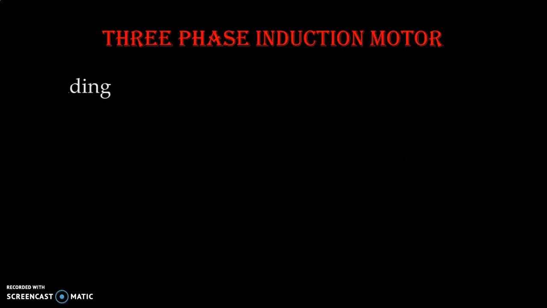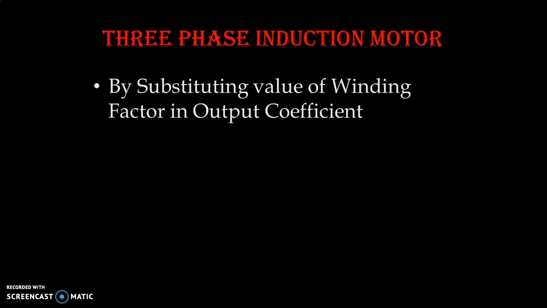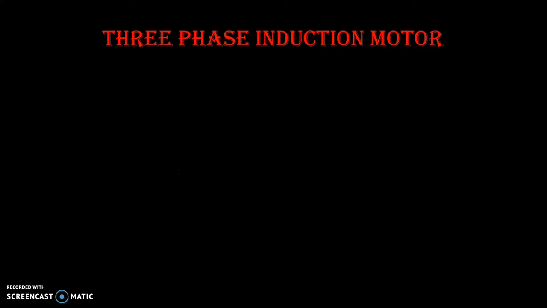Now let us substitute the value of winding factor Kw in our equation of output coefficient. So Co is 11 multiplied by 3 by pi multiplied by Bav multiplied by Ac and multiplied by 10 raised to minus 3. Now we have the product D square L, that is the volume of the machine, and we know the similar equation, D square L is equal to Q, the output rating, divided by Co and Ns.